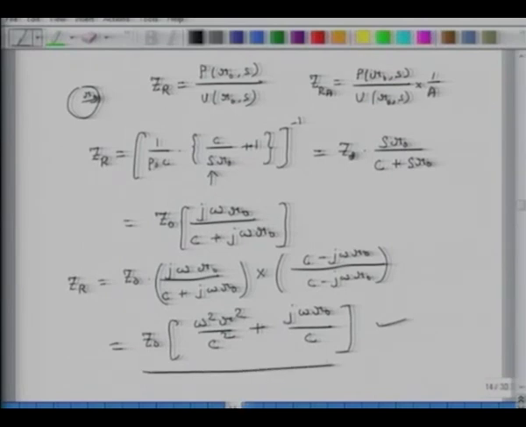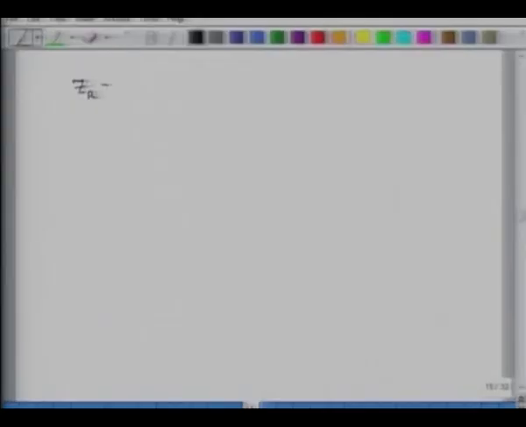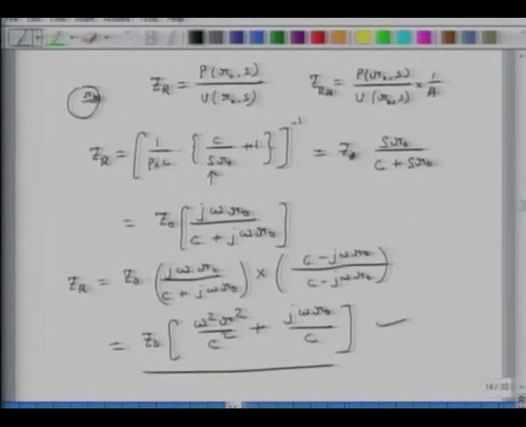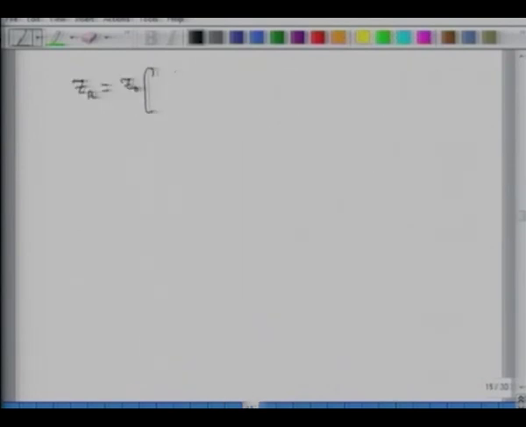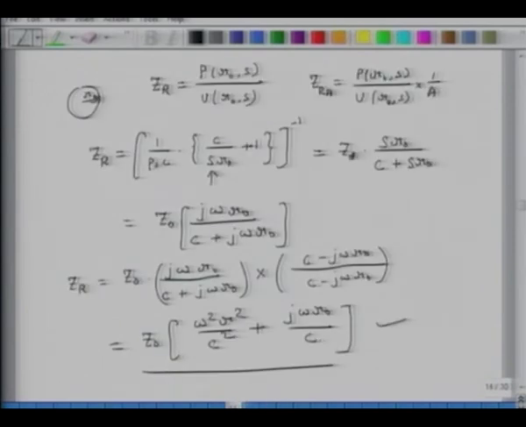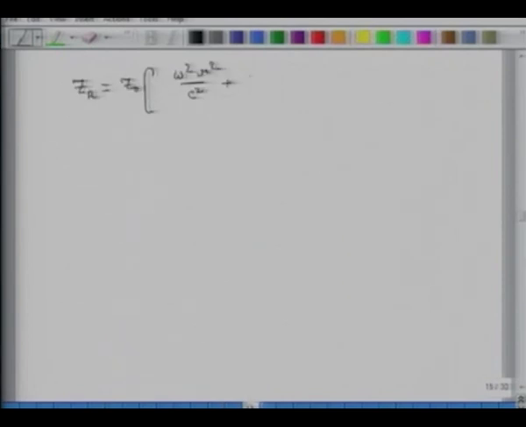I'll plot its real component and also its imaginary. But before I do that, I'll rewrite it. ZR equals Z naught times omega square R square over C square plus J omega R naught over C.